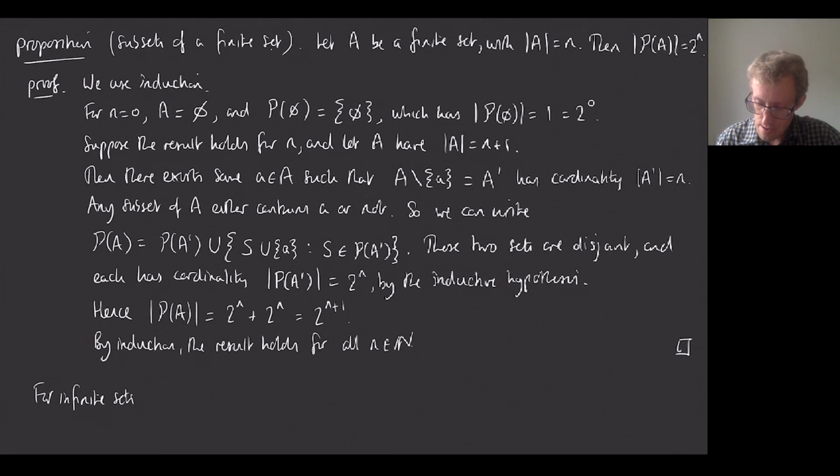I want to just make the observation that the set of natural numbers is a subset of the set of integers, which is a subset of the set of rationals, and that's a subset of the set of reals.